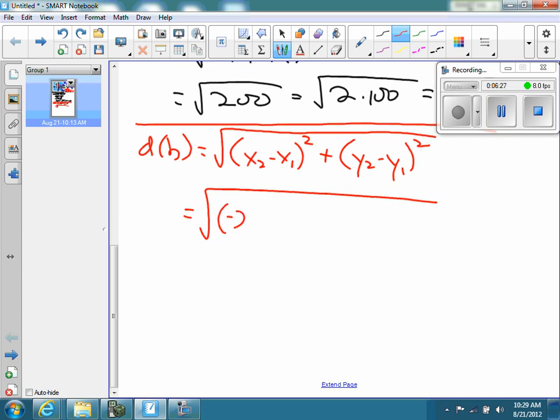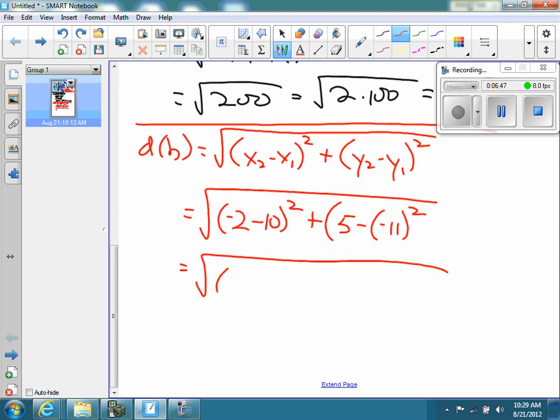-2 minus 10 squared plus 5 minus -11 squared. So this is equal to the square root of -12 squared plus, 5 minus -11, that would be 16 squared.